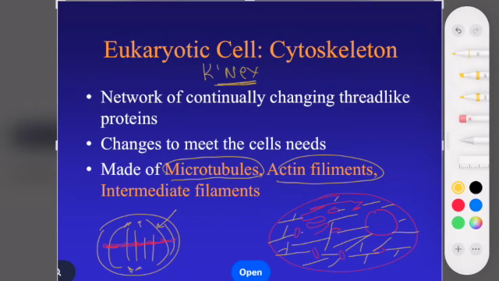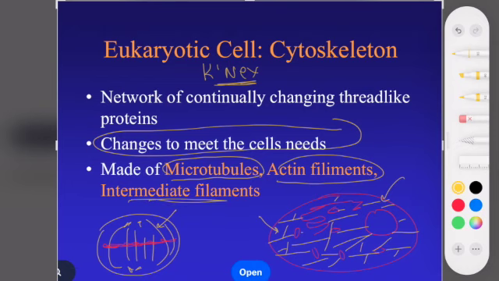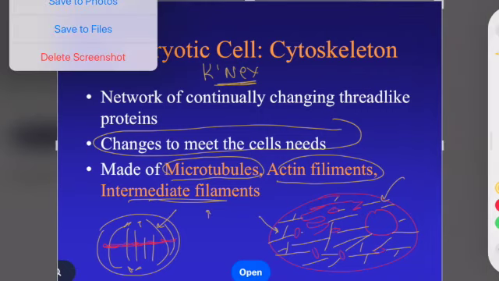That's the exact same thing with the cytoskeleton: it can disassemble itself and rebuild itself into a new shape. So it changes to meet the cell's needs. It's made up of these 3 parts: microtubules, actin filaments, which are the longer pieces, and intermediate filaments, which are the shorter ones.